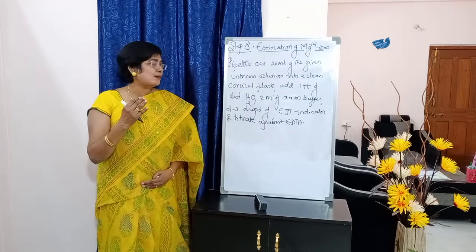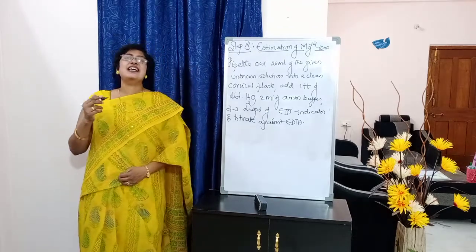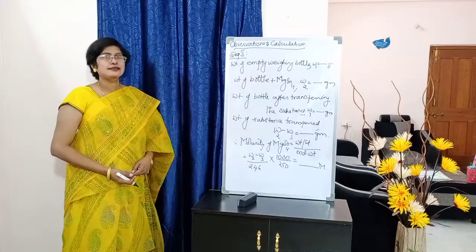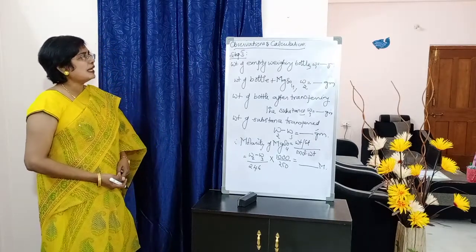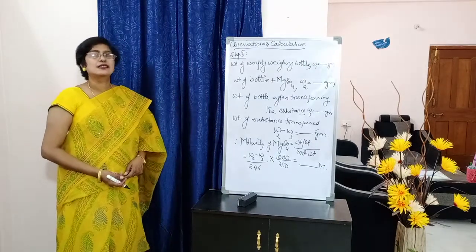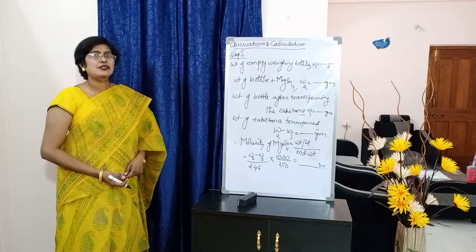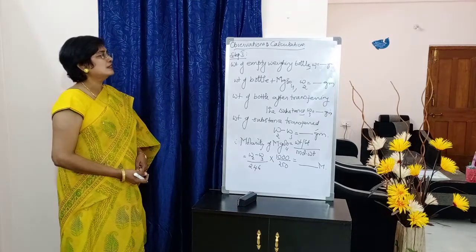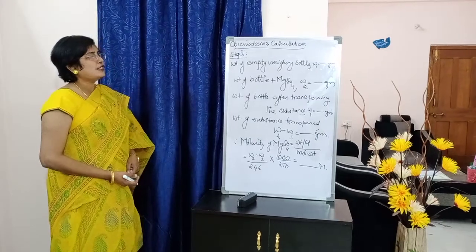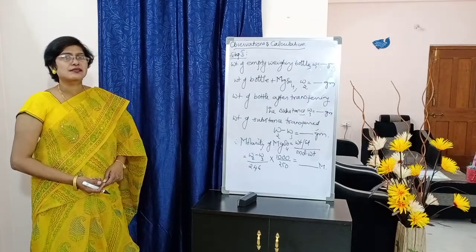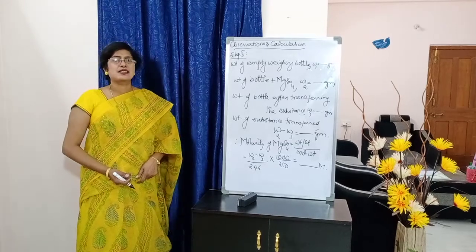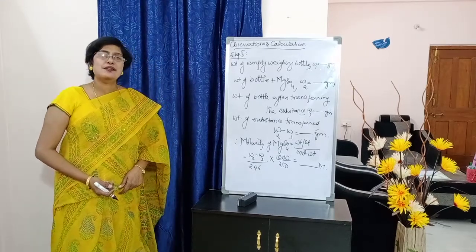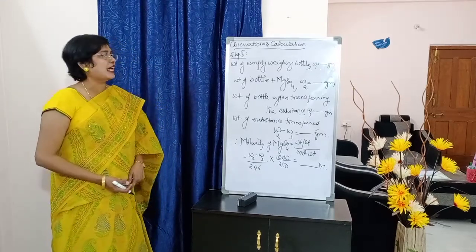Okay. So now put the side heading: observations and calculations. Step 1. Weight of empty weighing bottle, comma, W1 equals to dash grams. Next, weight of bottle plus substance, that is MgSO4. How much are we weighing, students? 3.08 grams.